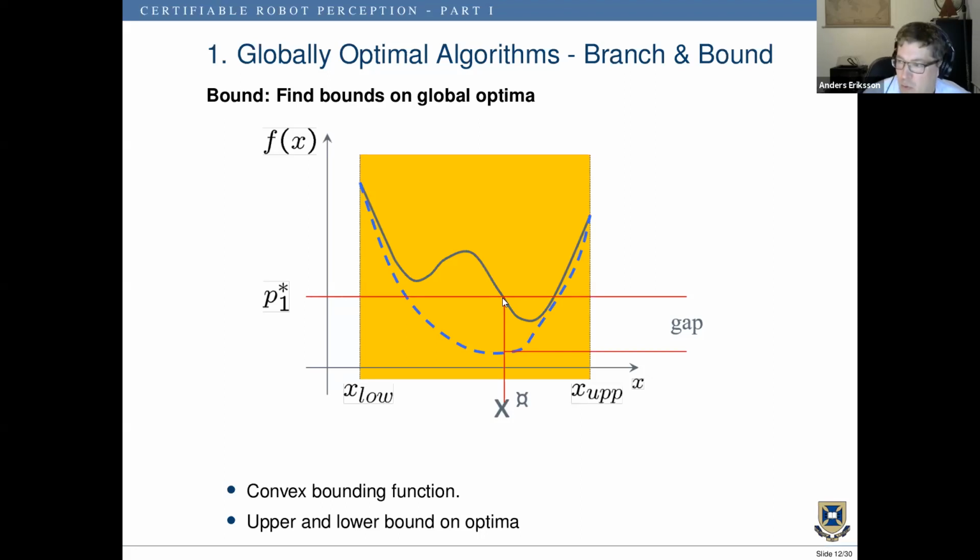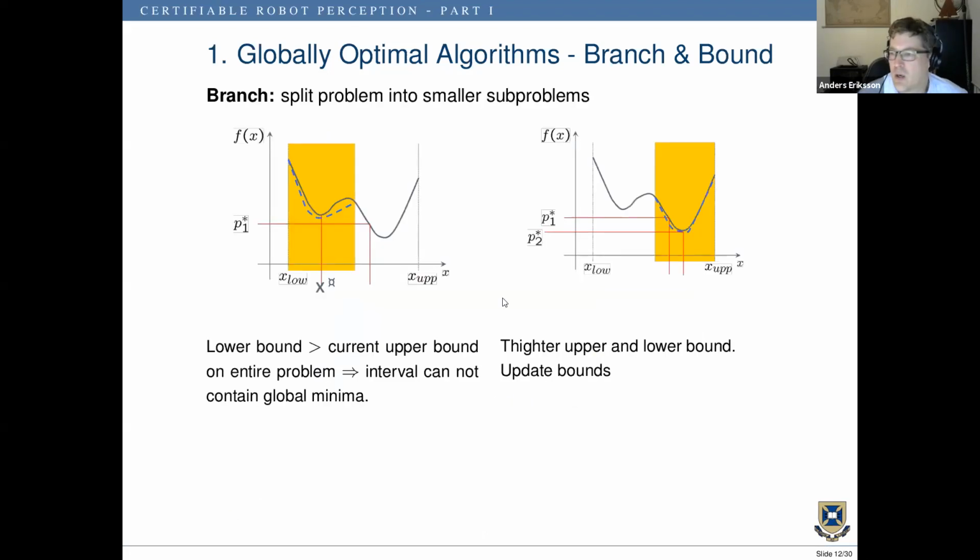We know that the global optima has to be somewhere in between those two. So what we then do is that we take our original interval and we split it, or we branch it. We divide the problem into smaller subproblems. Here we use 2 intervals, so we split it into a left part and a right part.